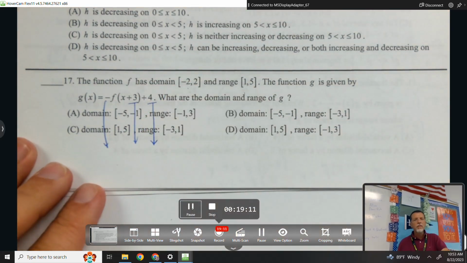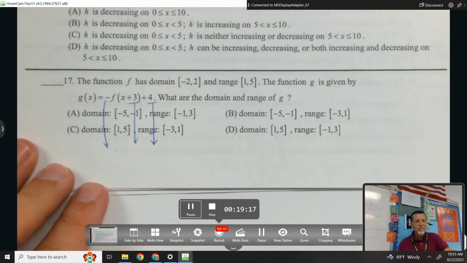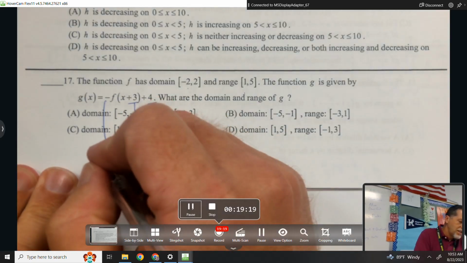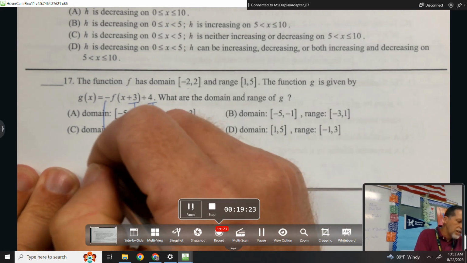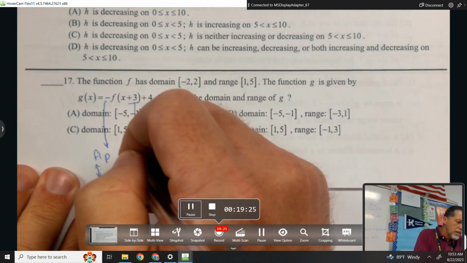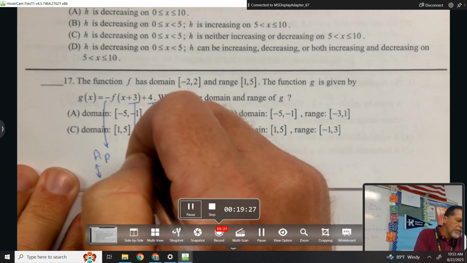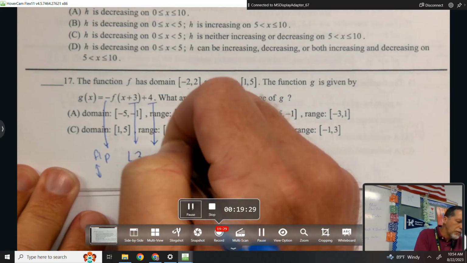So the negative out front, what's the negative out front do? Flips it up and down. Plus 3 will be left 3, and plus 4 will be up 4.